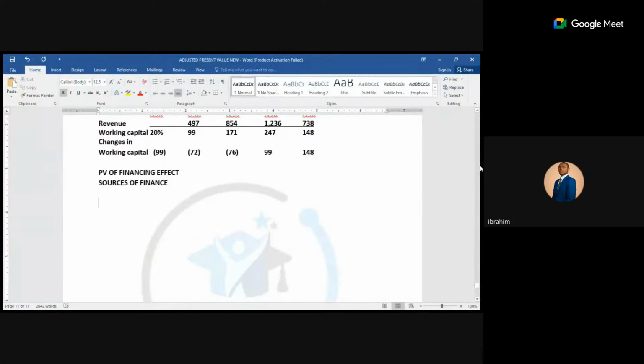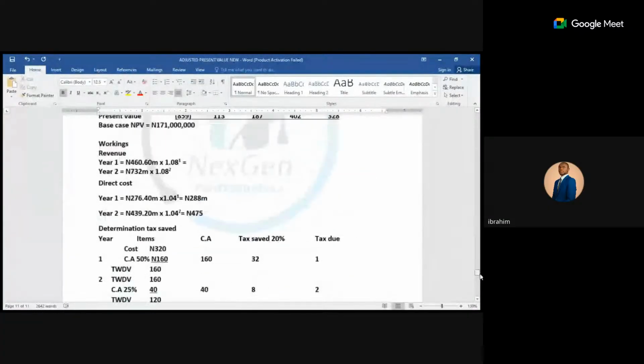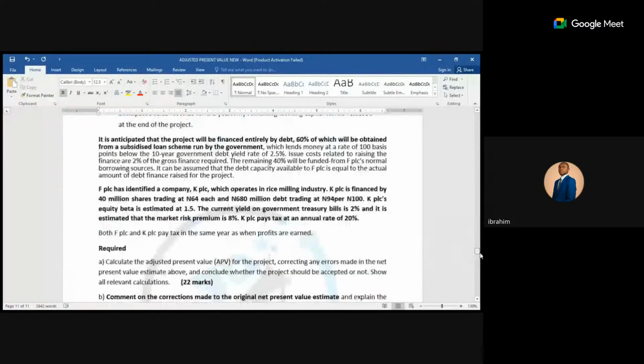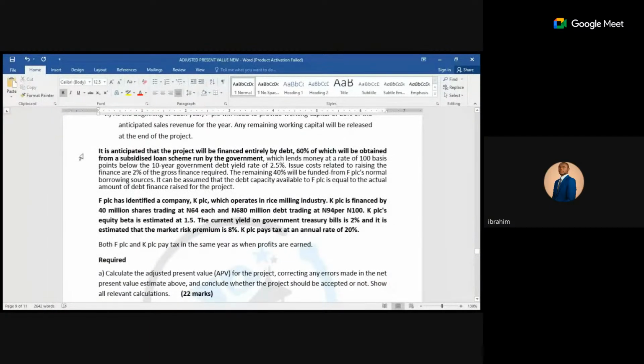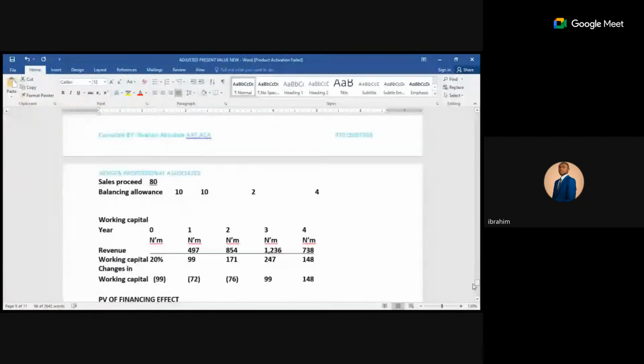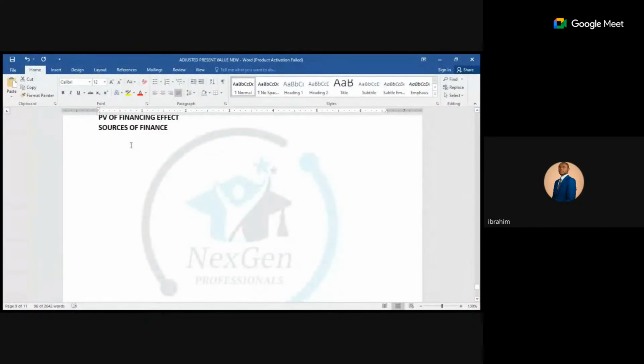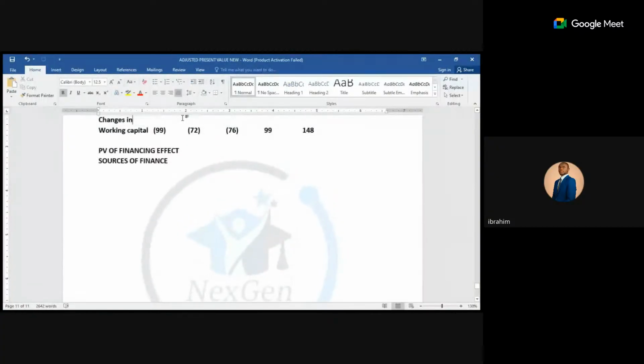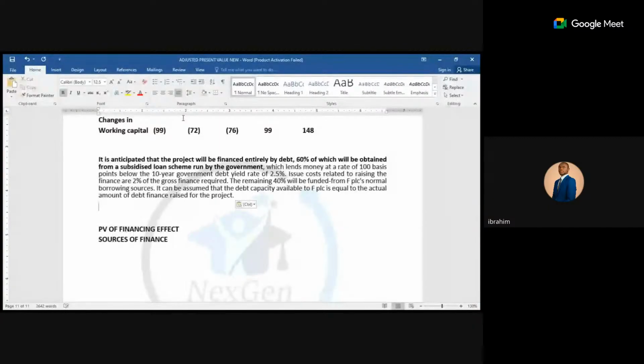So let's go back to the parts where they mention the sources of finance. I can copy this so that we don't need to scroll up, right? So the sources of finance.